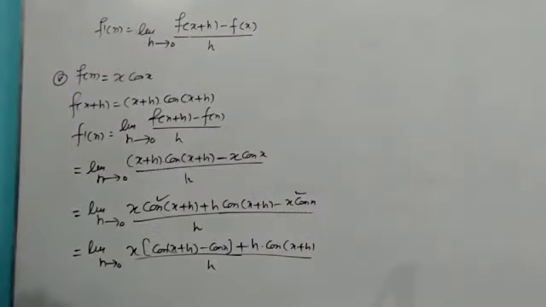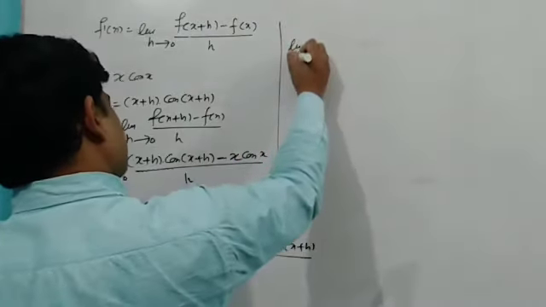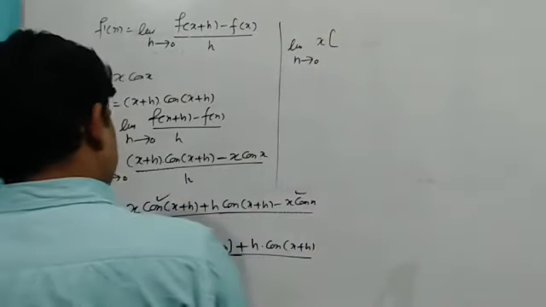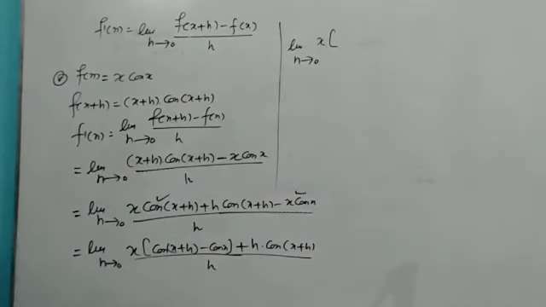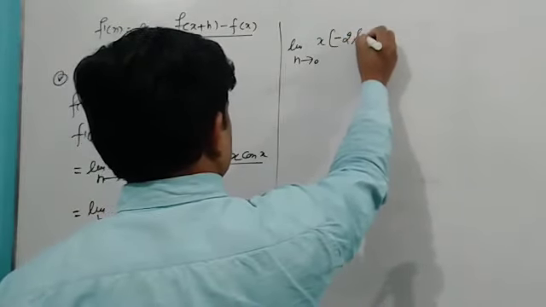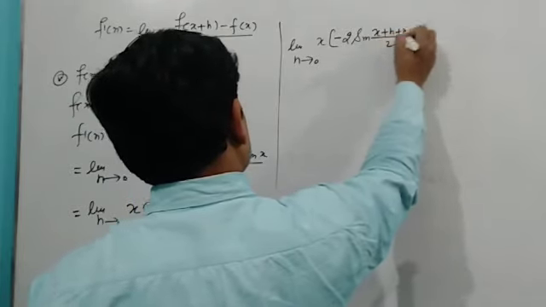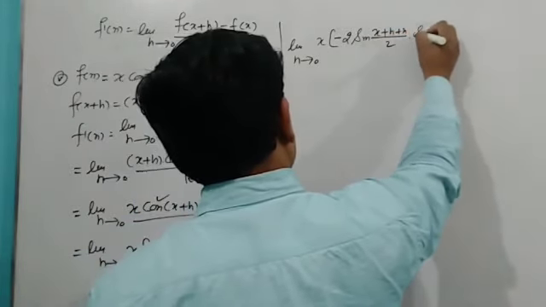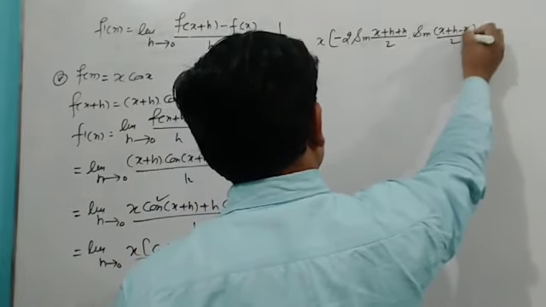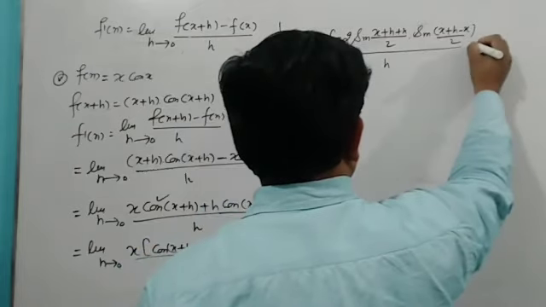The question can be divided into two parts. The first part is the limit of x, and inside the bracket I may use the CD formula: minus 2 sin[(x+h+x)/2] into sin[(x+h−x)/2], whole upon h.